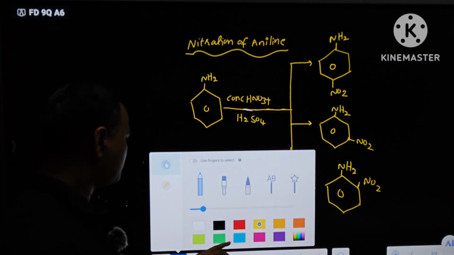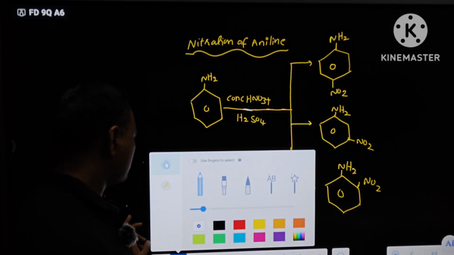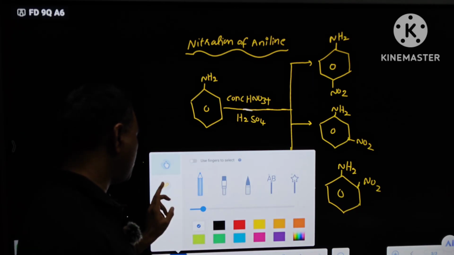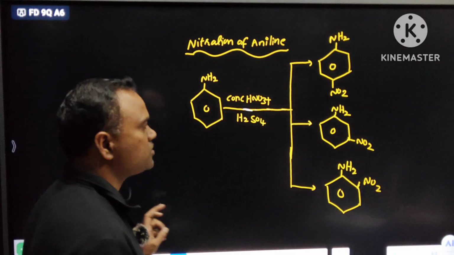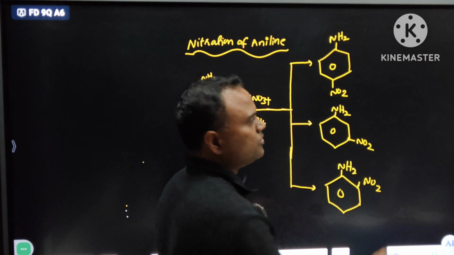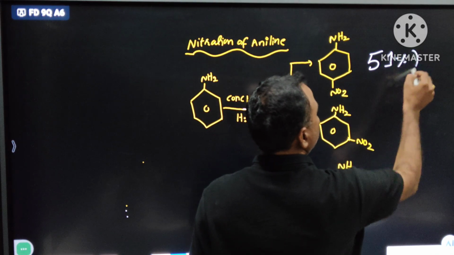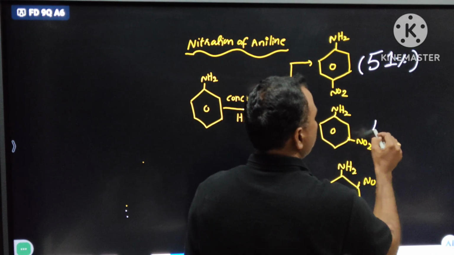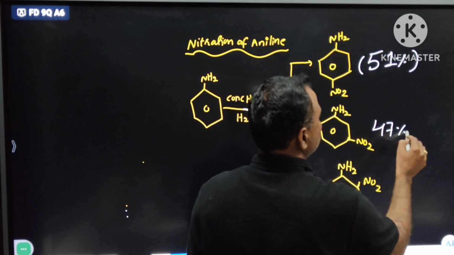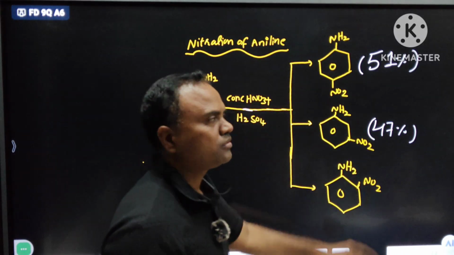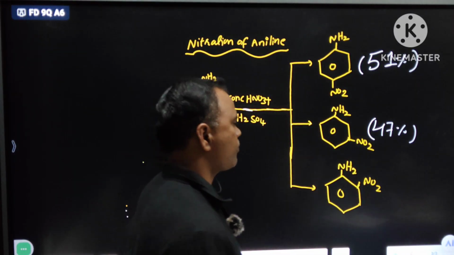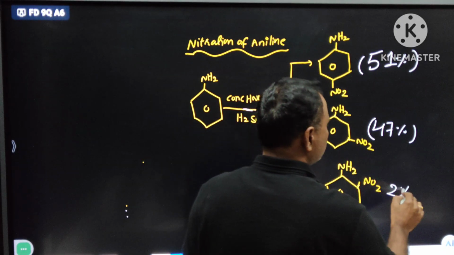See, in organic chemistry, memory-based questions have very low probability. But for this question, the percentage is very, very important. 51%, 47%. What is remaining? 2%.